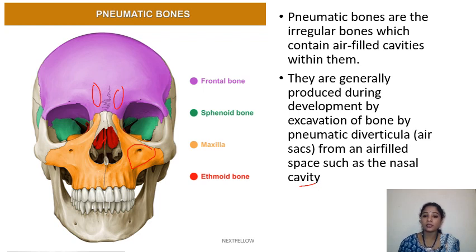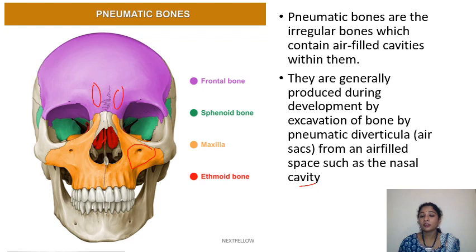Instead, the air enters these paranasal air sinuses, where it gets humidified and brought to body temperature. Then it goes back to the respiratory tract. That is the main function of the paranasal air sinuses, and it also reduces the weight of the skull because they are air-filled bones.